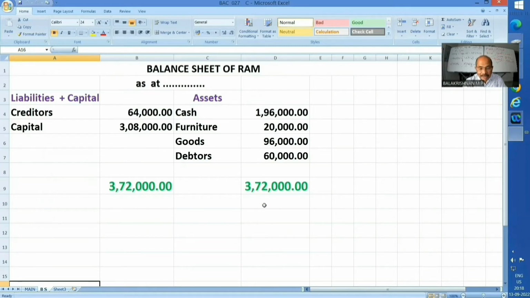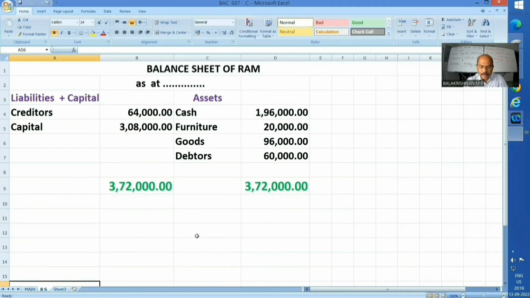That's why at any particular time, the balance sheet will be tallied. And also, the balance sheet will ensure that within the accounting equation, assets are equivalent to liabilities plus capital. We have seen at any point of time that the equation was ensured.